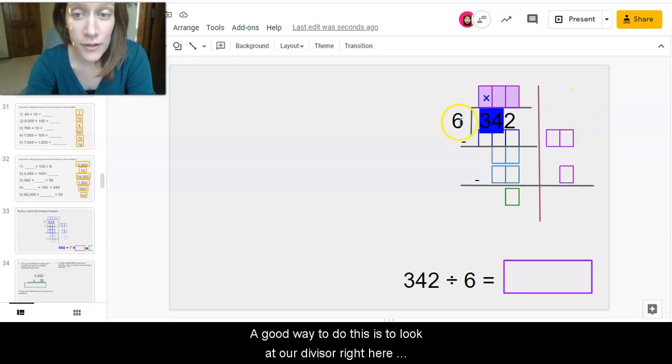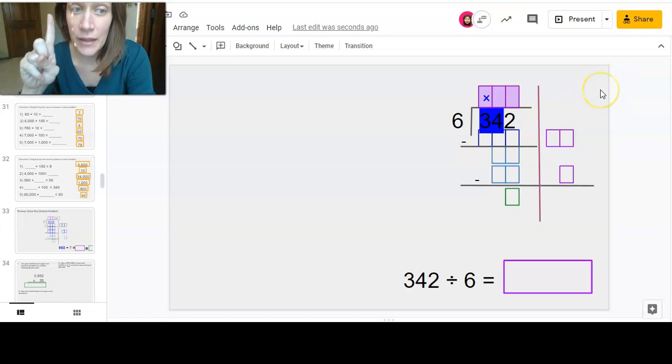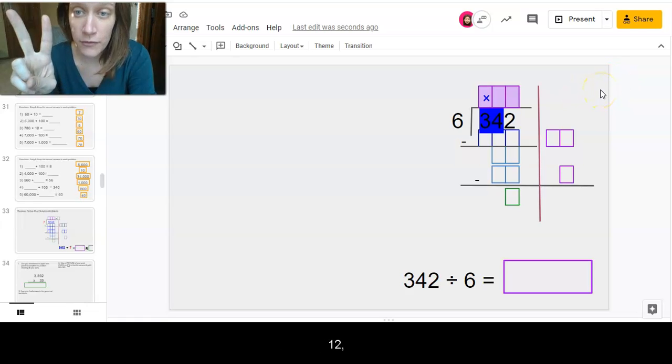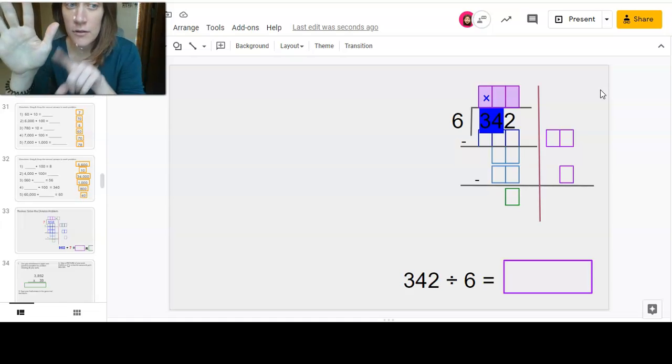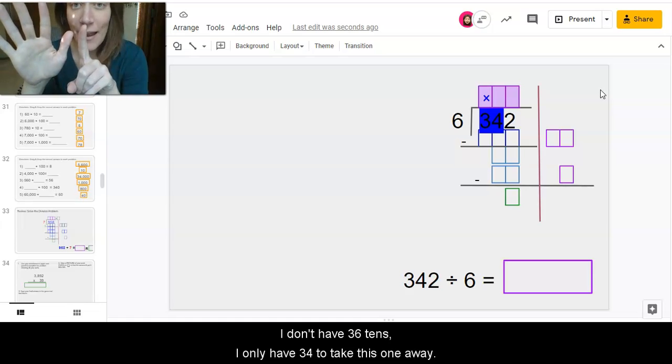A good way to do this is to look at our divisor right here and count by 6 until we get as close as we can to 34 without going over. So I'll go like this: 6, 12, 18, 24, 30, 36. Oh, wait. I don't have 36 tens. I only have 34. So I have to take this one away.